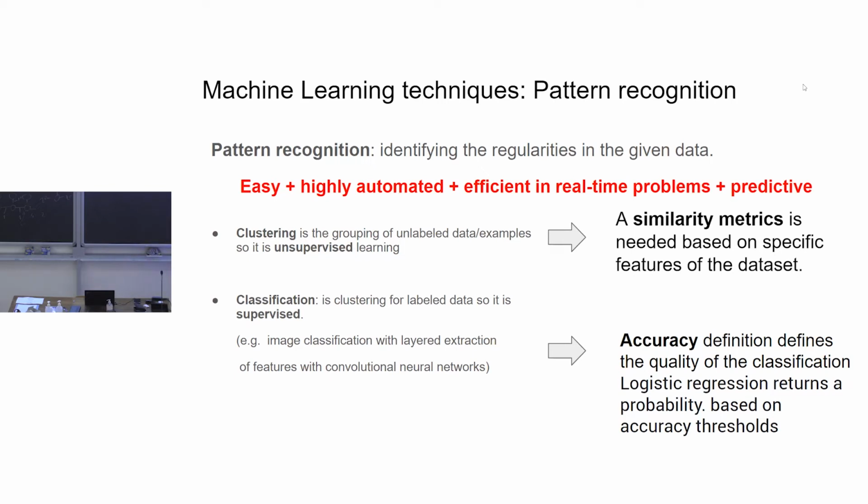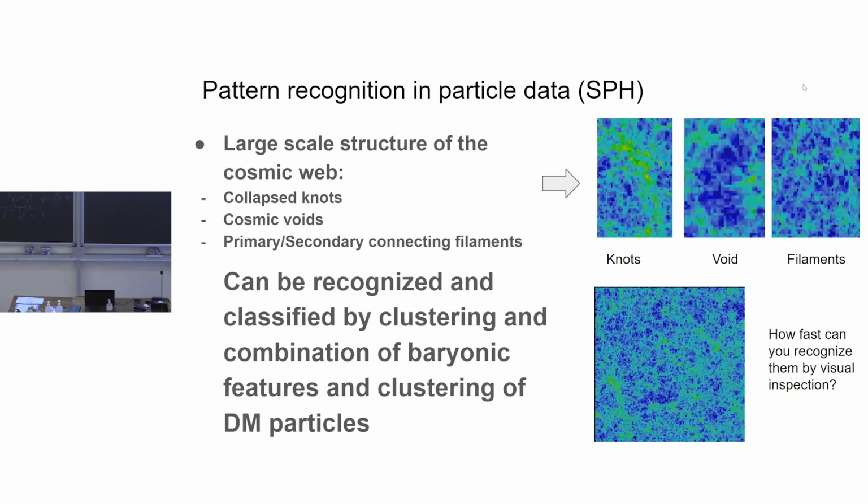So you can use clustering algorithms for an unsupervised learning, if you can rely on some similarity metrics, or you can classify by training your network with the accuracy criteria that you define as appropriate to recognize your galaxies or whatever you want to recognize.